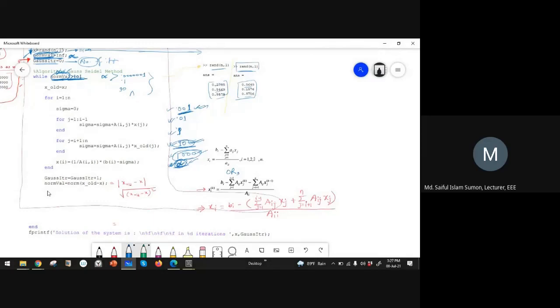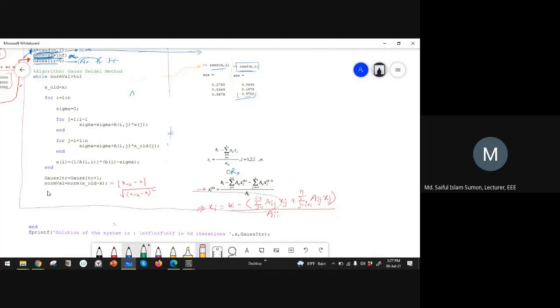Can you see the screen properly? Everything written here? Yes, sir. If this is small, just let me know. My computer is not working.